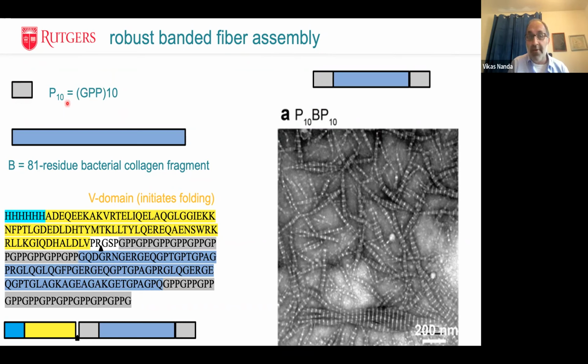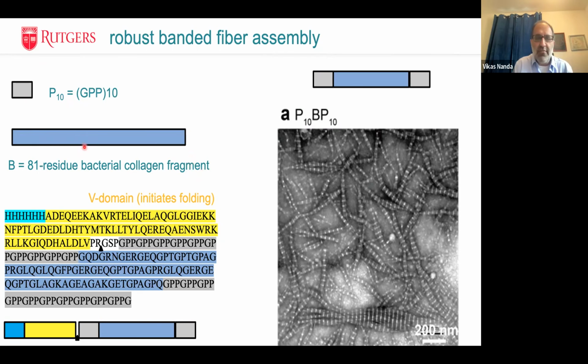So a P10 would be 30 amino acids long, okay? So that's the adhesive domain. Then the functional domain in this case is actually a fragment of a bacterial collagen. So this is about 81 residues from a naturally occurring collagen in bacteria.